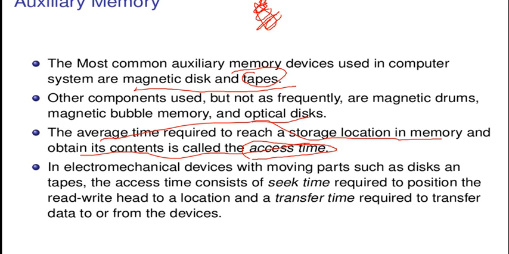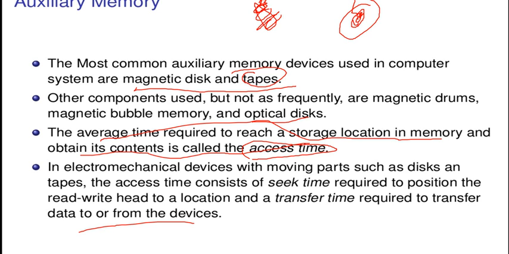So access time consists of the seek time required to position the read-write head to the location and the transfer time required to transfer the data from the device. Suppose we want to read some data from a hard drive which is at this particular location, at this particular sector. What will happen? First of all, the head should be moved to point to this location, and maybe this sector is somewhere else.